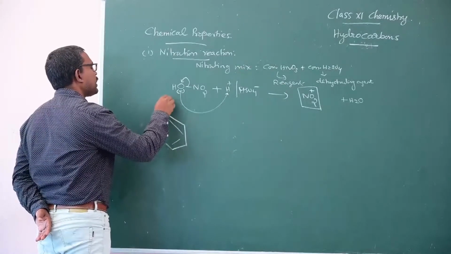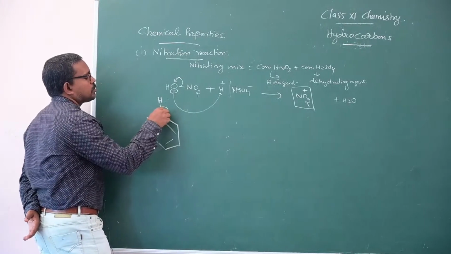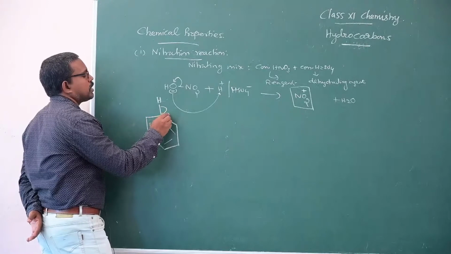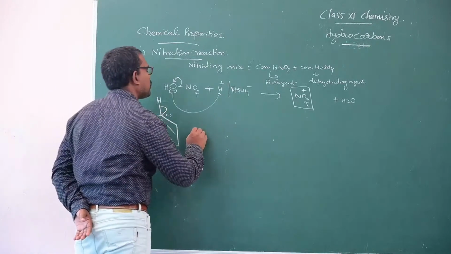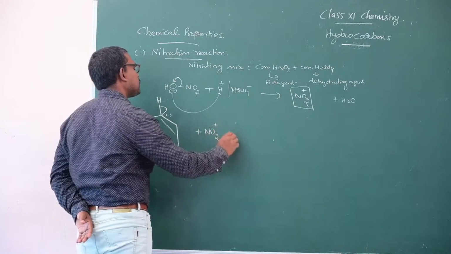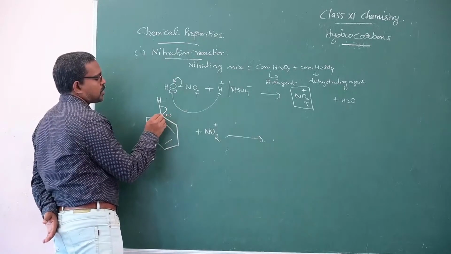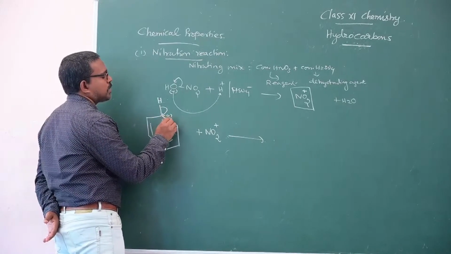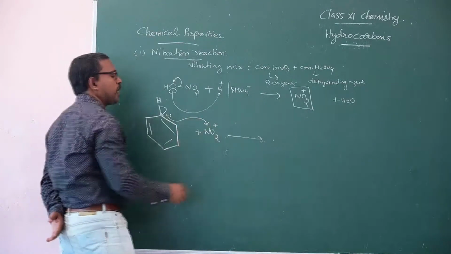One of the hydrogen atoms, so this bond moves towards the benzene ring, so it acquires a negative charge. So we are treating with NO2+. Now this part carrying the negative charge attracts this electrophile.